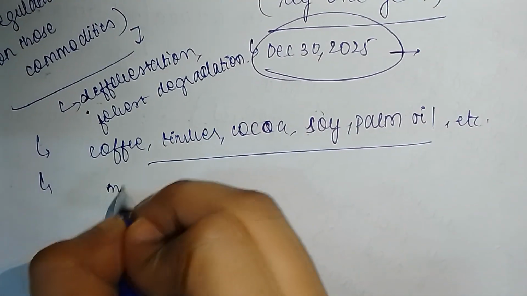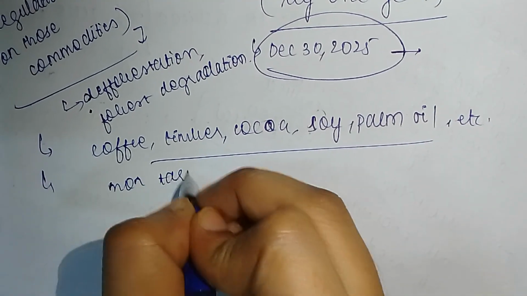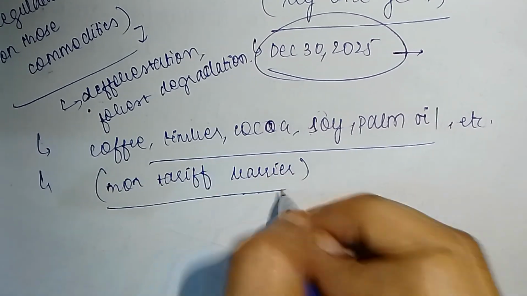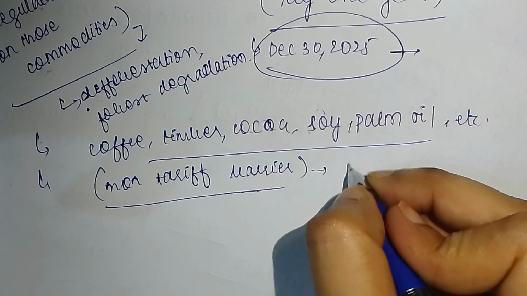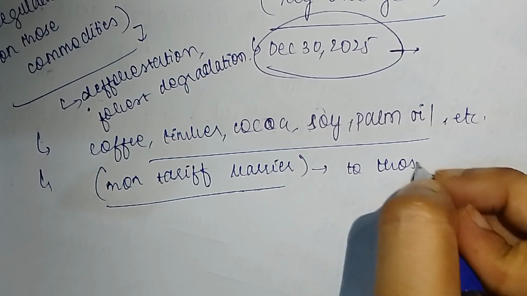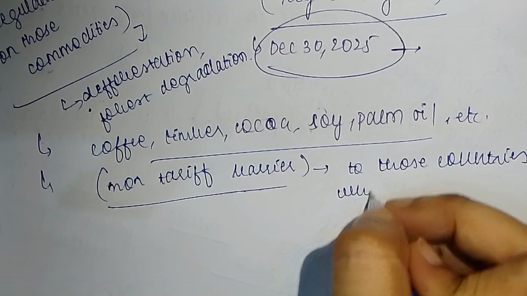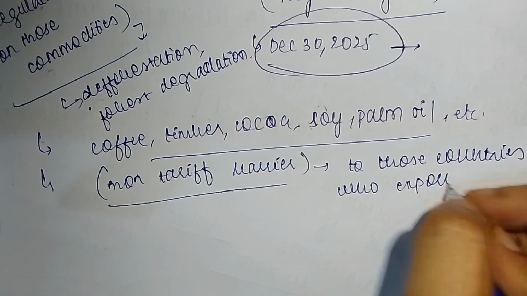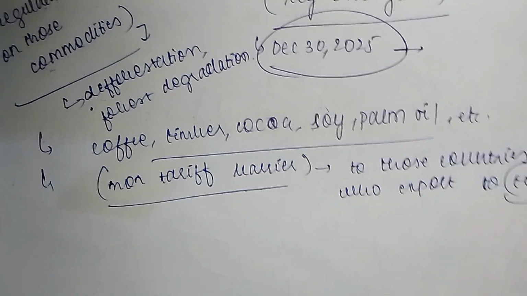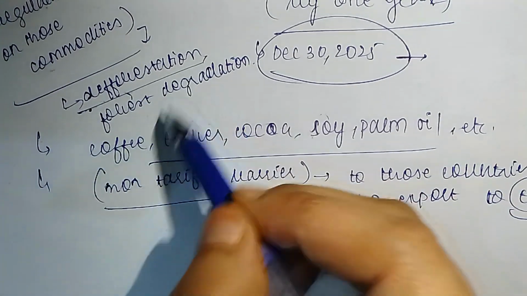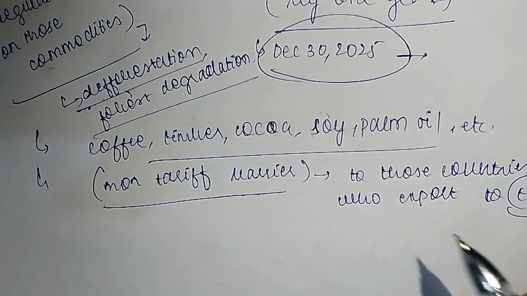Basically it acts like a non-tariff barrier. It's a very interesting concept of economy actually. A non-tariff barrier to those countries who export. Basically you do not want to use those products which lead to deforestation or forest degradation directly or indirectly.